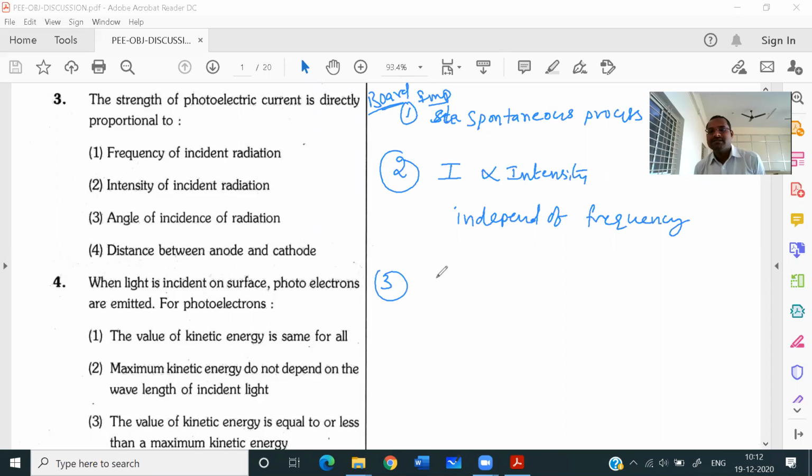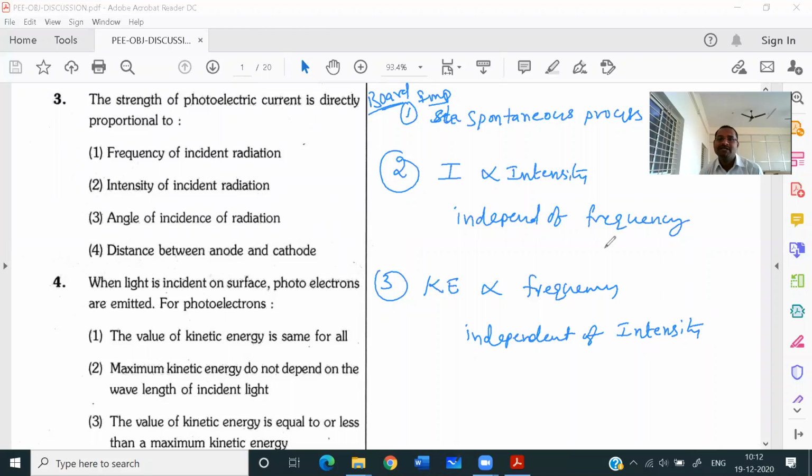And third law is: the kinetic energy of photoelectrons emitted is directly proportional to frequency of incident light, but independent of intensity of light. Clear? Yes, these are very important laws you need to remember.